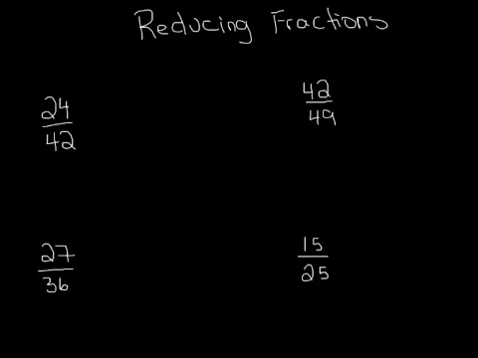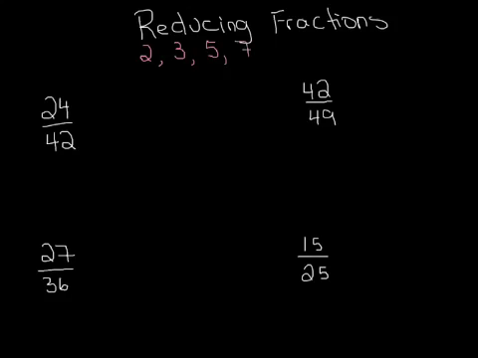So the best way to know if you can reduce a fraction or not is to try dividing by 2. If both numbers are even, you can divide by 2. If 2 doesn't work for them, you should try 3. If neither number can be divided by 3, or one of them doesn't work, try 5 and try 7.